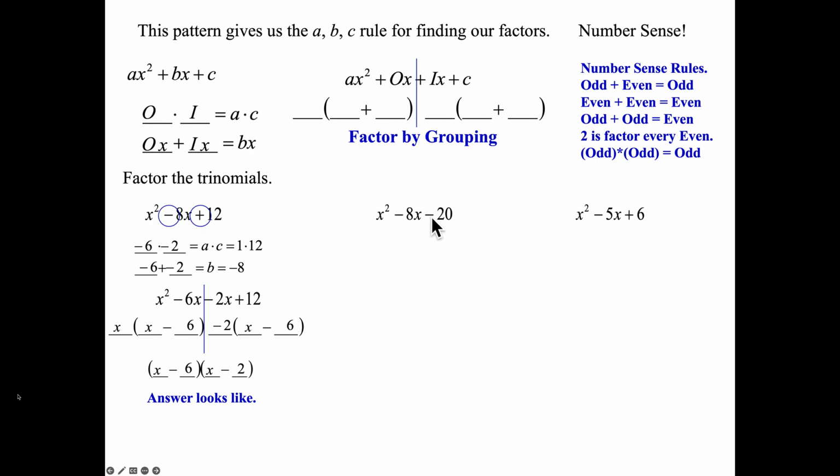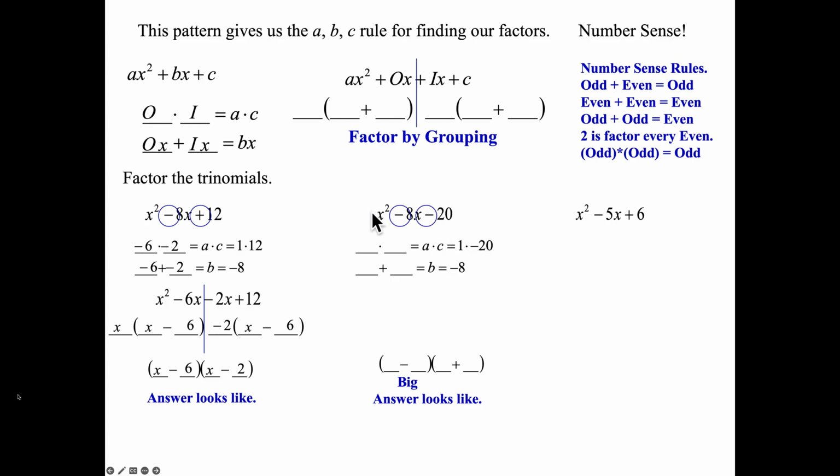Next example, we have a minus 20, so that means my two signs are going to be opposite, and the biggest factor is going to be the minus sign. So if you want to put right below the minus sign a capital B for big, that's fine. We're looking for what two things multiply to be AC, 1 times negative 20, and add up to be negative 8. 1 times negative 20 doesn't change my negative 20.